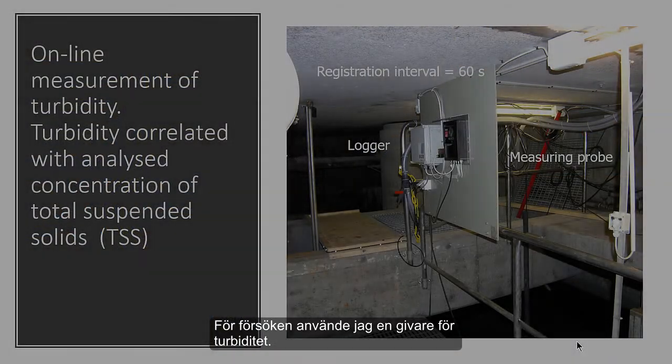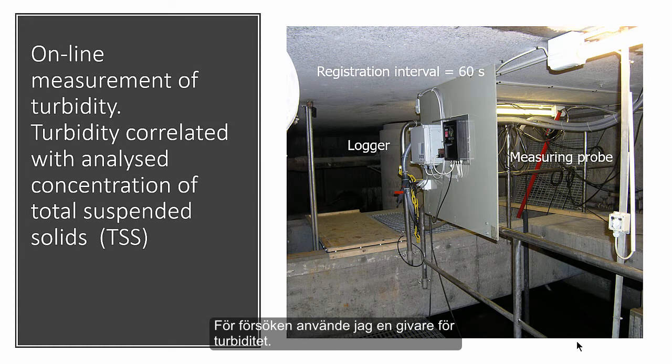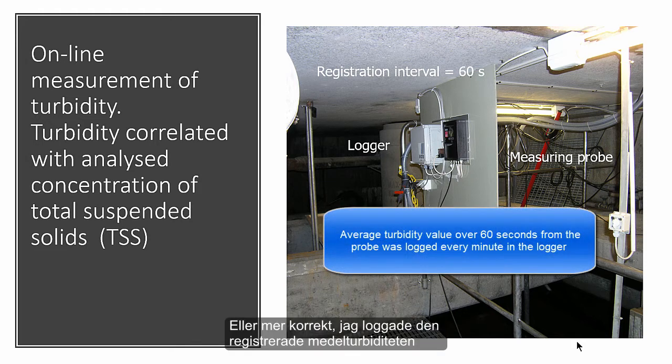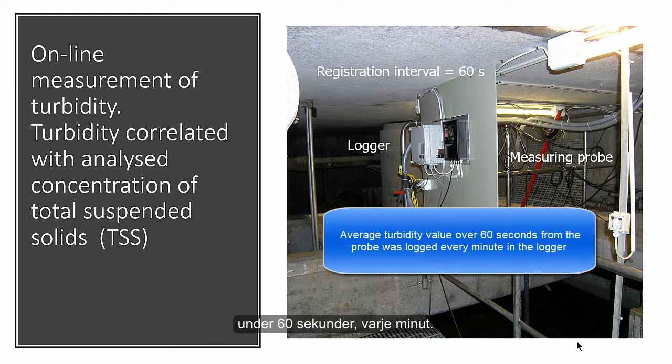For the trials, I used a measuring probe for turbidity, and I logged the turbidity measurements every 60 seconds. Or more correctly, I logged an average value of the measured turbidity during the 60 seconds in the logger.